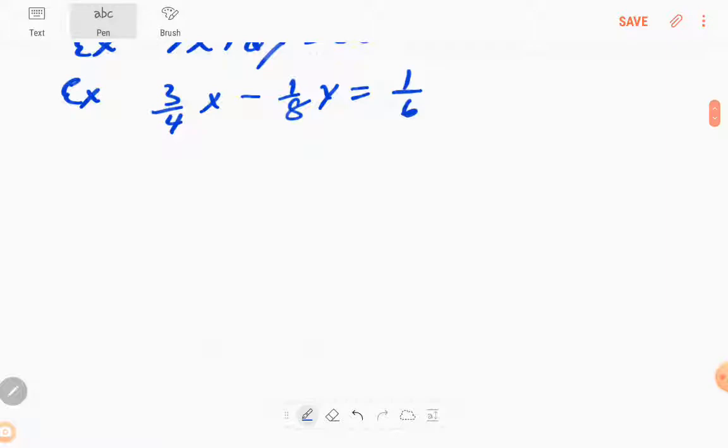So what you could do is find the LCD and then multiply each term by the LCD. So in this case, the LCD is equal to 24. And so multiply each term by the 24.